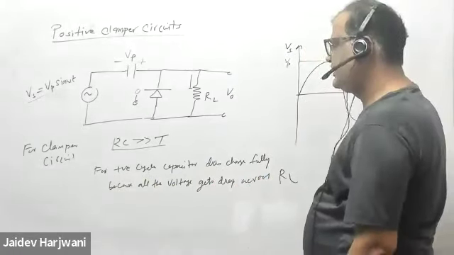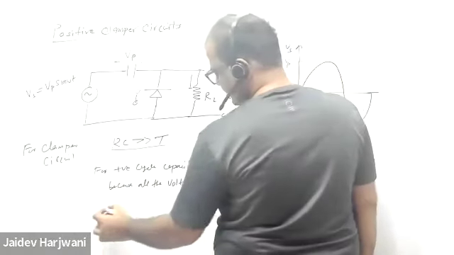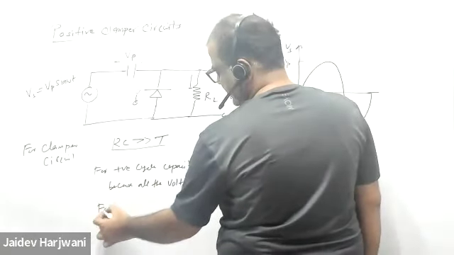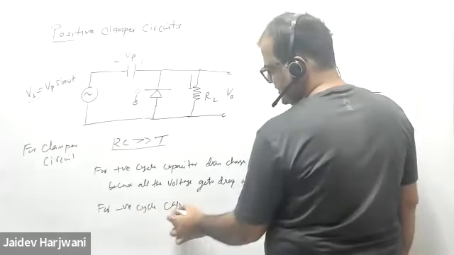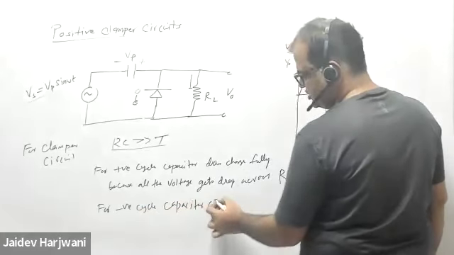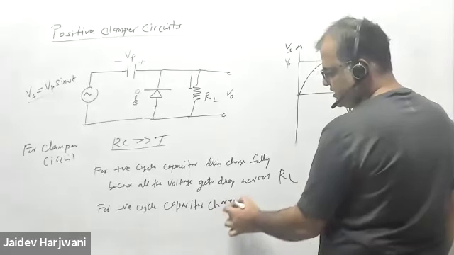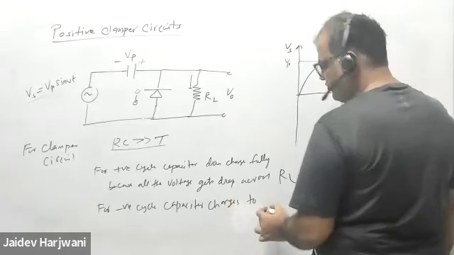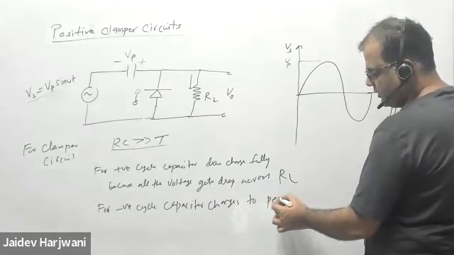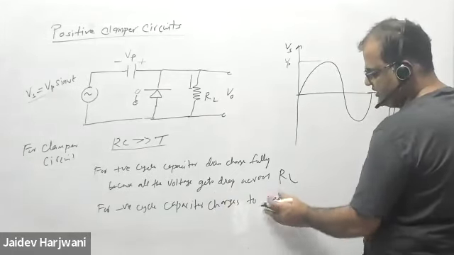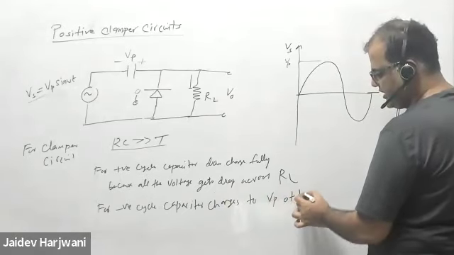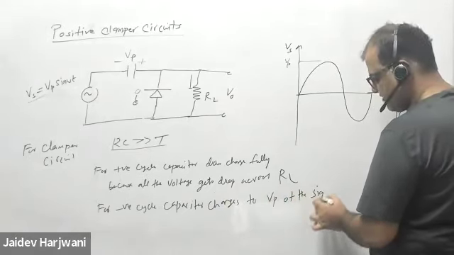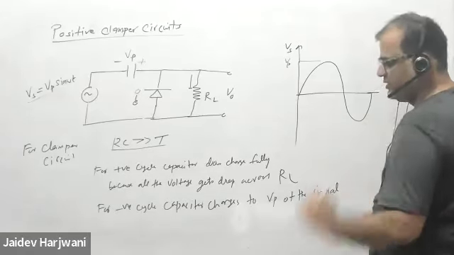So it will charge only in the negative cycle. So you can write for negative cycle, capacitor charges to Vp, the peak value of the signal, charges to Vp of the signal.